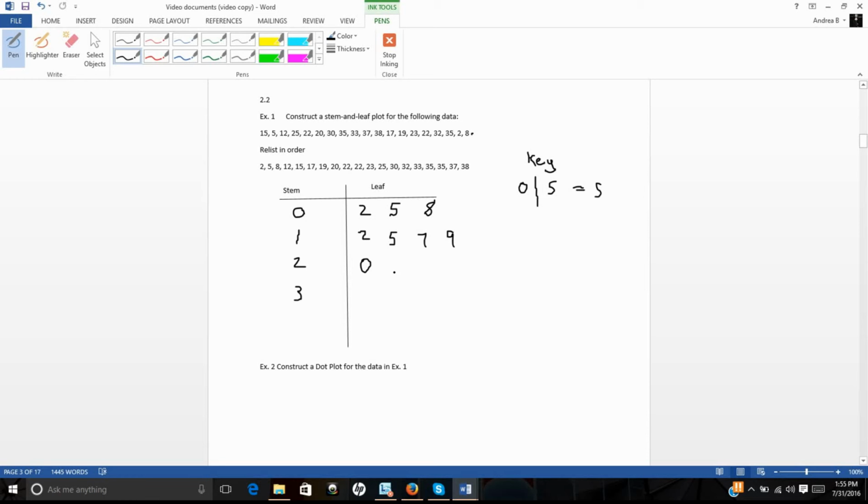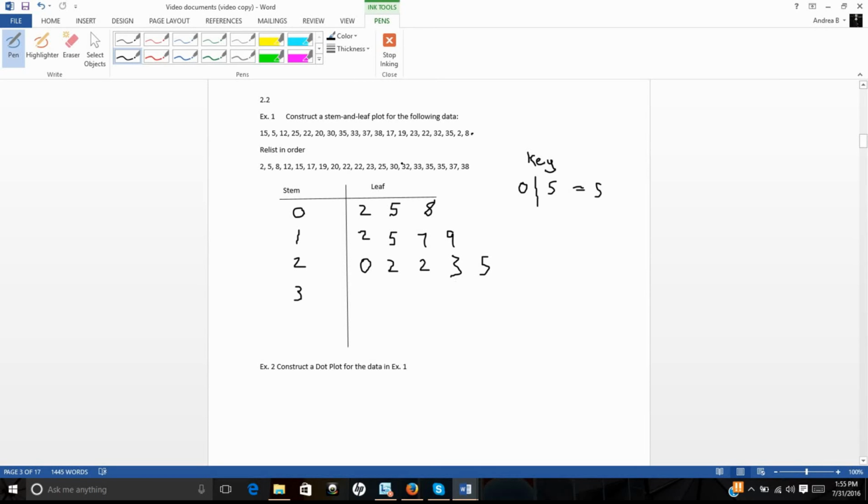If you put a 0 there, that means you had the number 20 as one of your values. So something to keep in mind if any of your values are skipped over for your stems or leaves. Then next we'd have 2 2s for the 22s, since there were 2 of the 22s. Then we had 23 and then 25.